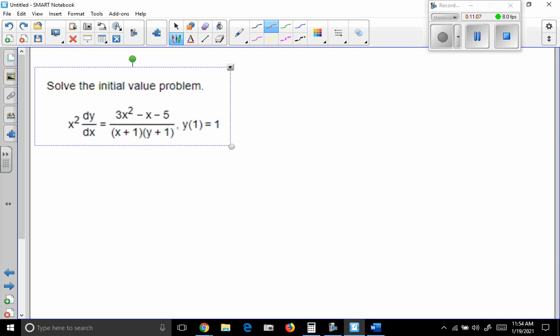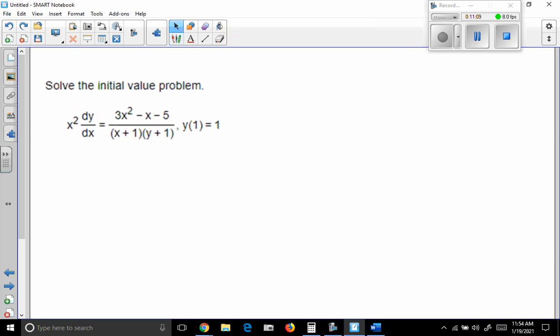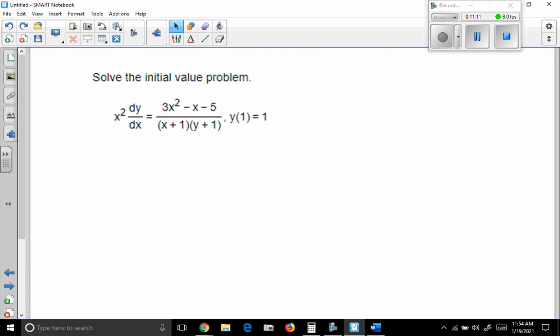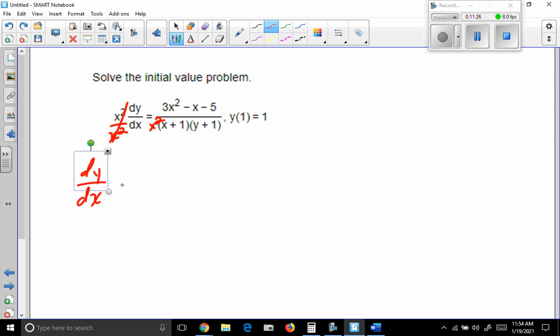All right, let's take a look at another one. First of all, we need to see, is this separable? We want to get dy dx by itself, so we're going to divide both sides by x squared. And then let's see if we can rewrite this.